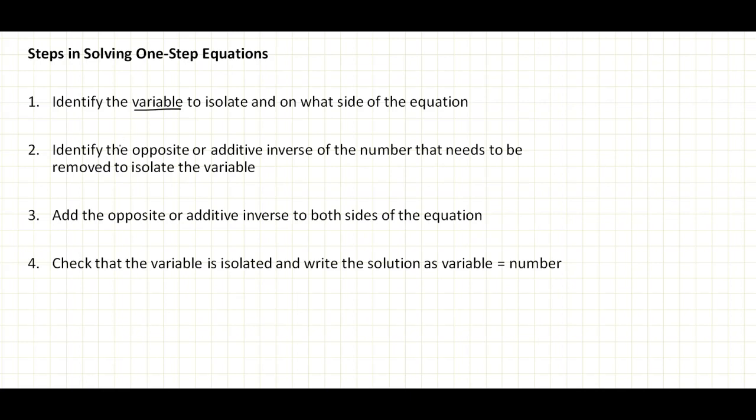Or if we're looking at the scale, one side of the scale must have a variable, the other side must have a number. And then we want to identify the opposite or additive inverse of the number that needs to be removed to isolate the variable. We will add that to both sides of the equation, and then we will check that our answer is written as variable equal to number.